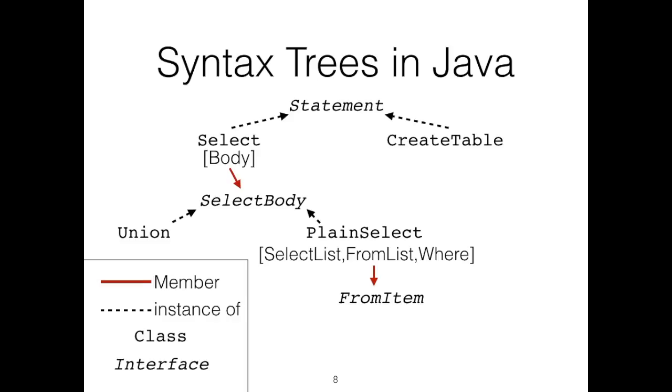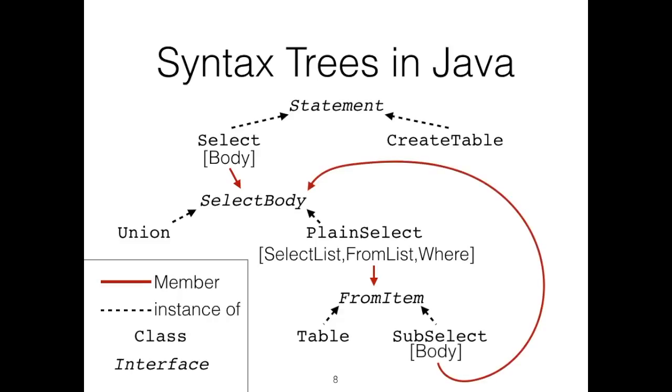I'm not going to get too deep into the expression interface, but a from item can either be a table-based relation, or it can be a subselect, which is a select query nested in the from clause, like we talked about last class. Any guess what interface that implements? Subselect body? Yeah, so subselect has a field called body, which implements the select body interface.